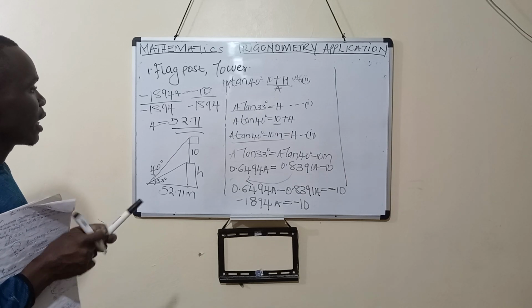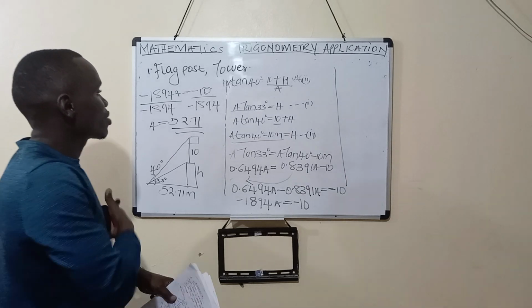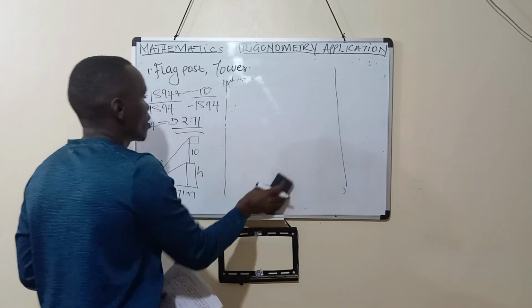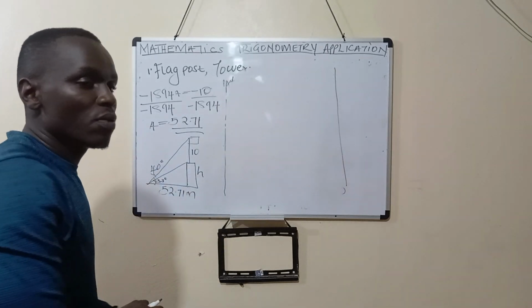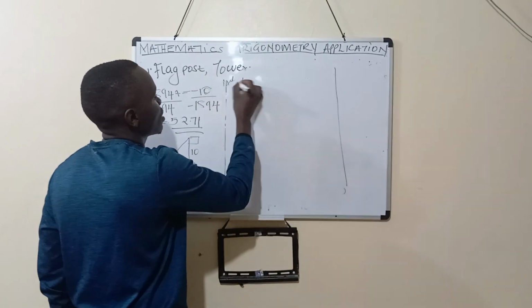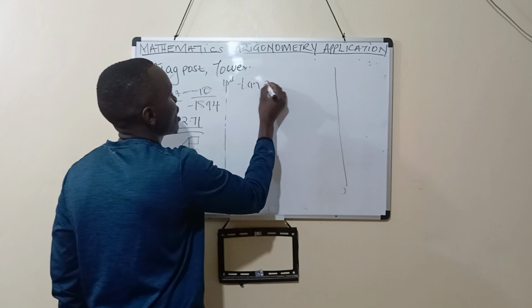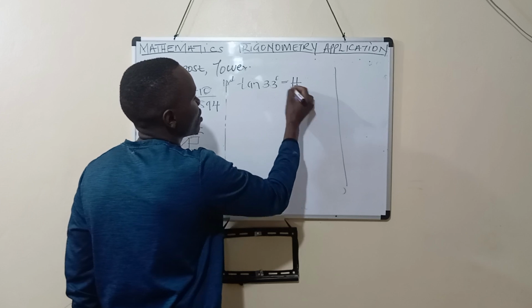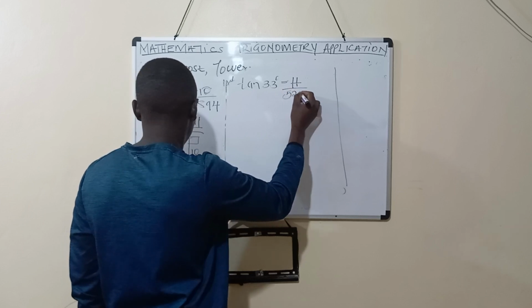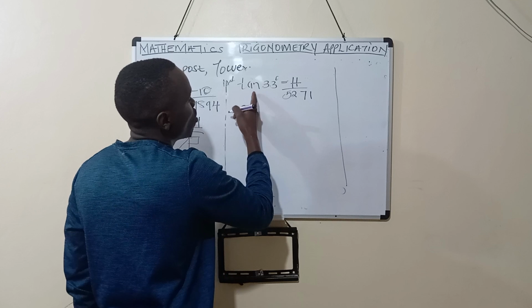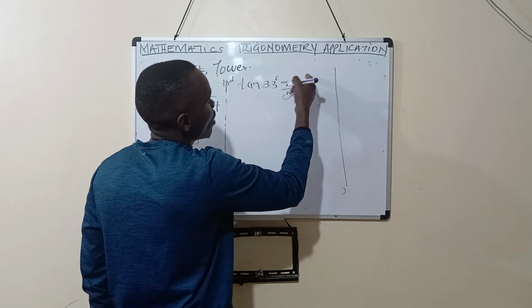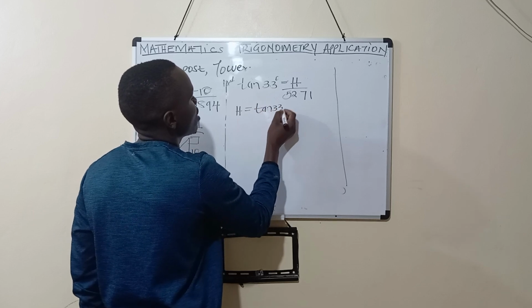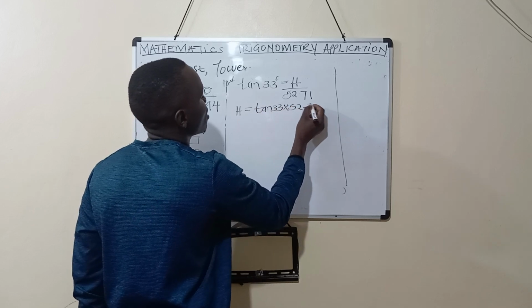So again, allow me to wrap this part so that we can use the space well. The first equation was tan 33 degrees, which is given by the height, which is the opposite, over the adjacent, which is 52.71. If you want to get the height, it is given by tan 33 multiplied by 52.71.